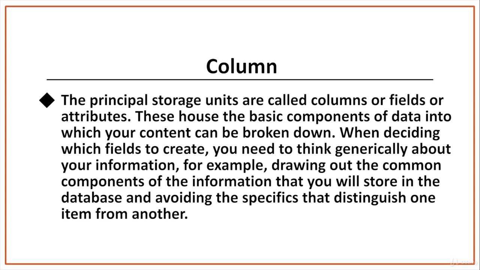These house the basic components of data into which your content can be broken down. When deciding which fields to create, you need to think generically about your information. For example, drawing out the common components of the information that you will store in the database and avoiding the specifics that distinguish one item from another.